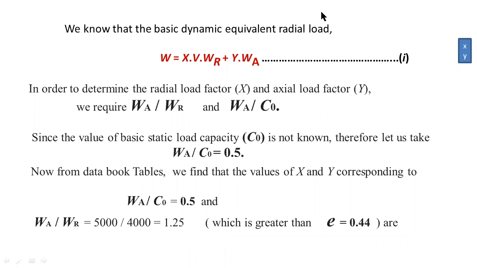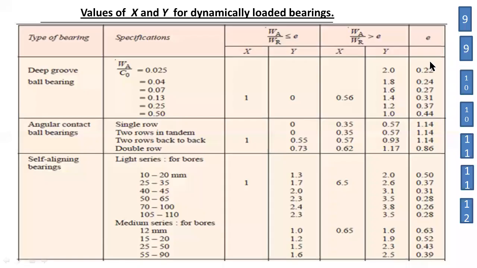Okay, so which is greater than here, this value is e. 1.25 is the value of e. For deep groove ball bearings, 1.25 is not there in this row.